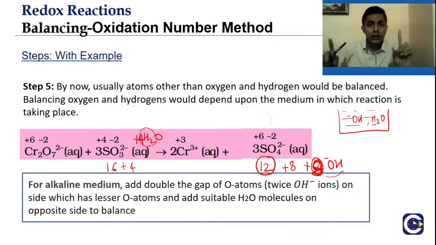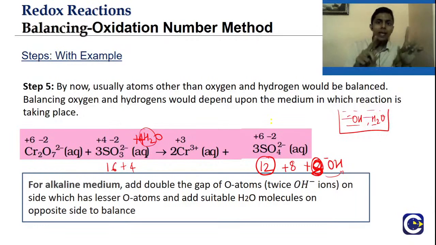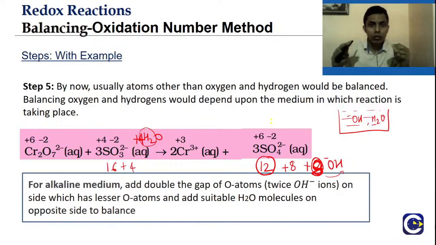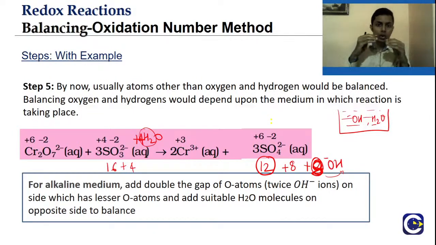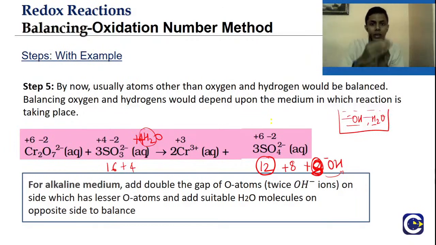For example, if Cr2 is present, then the oxidation number will be double, right? Because the notional charge for one atom was plus 6, for 2 atoms it will be plus 6 into 2, 12. So the oxidation number will become double if there are 2 atoms. So finally, the increase in oxidation number should be equal to the decrease in oxidation number.